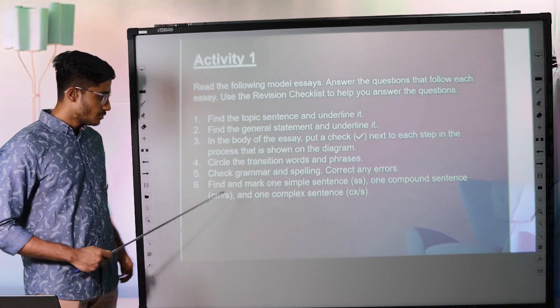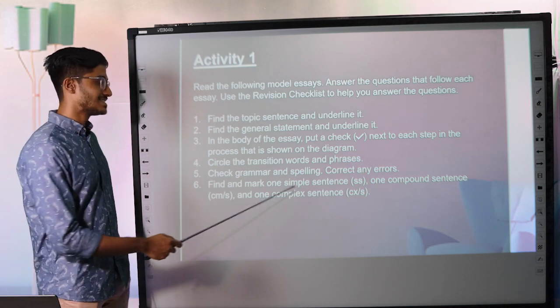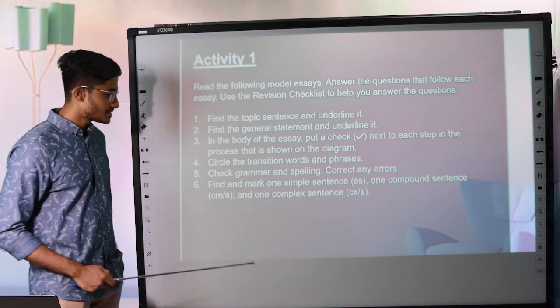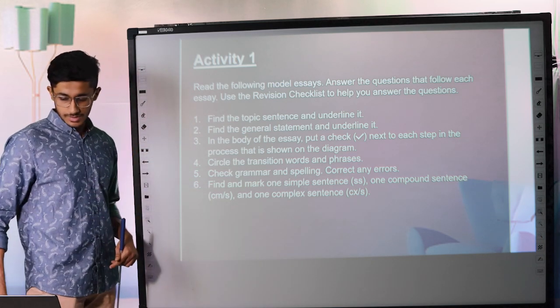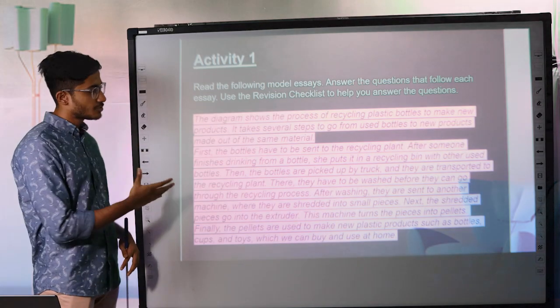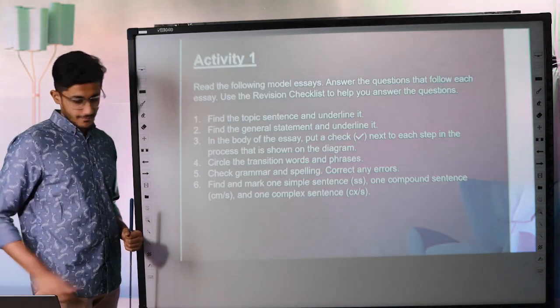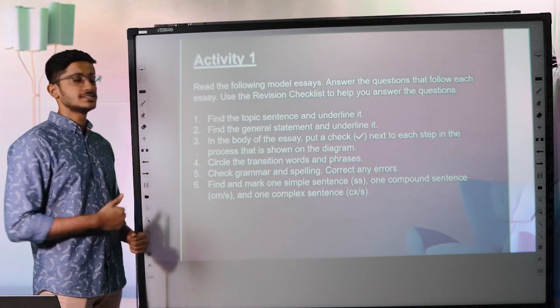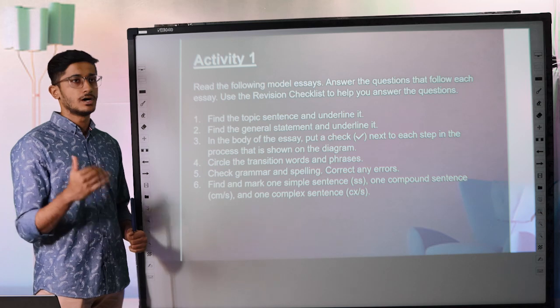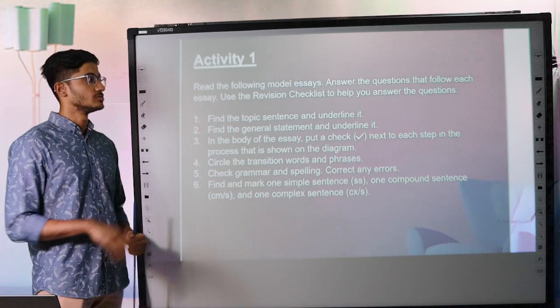And lastly, we need you guys to find and mark one simple sentence, one compound sentence, and one complex sentence. So you guys can basically read it through, and then following these, you just check and go through and revise the essay. It's only going to take you about 3 minutes at most.